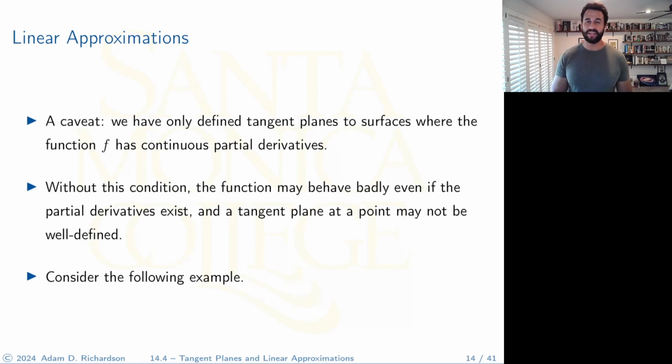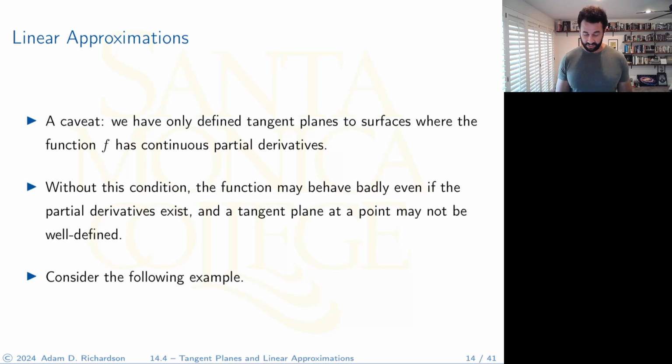Now there is a caveat here, and this is where things get a little bit technical. The caveat is this: we've only defined tangent planes to surfaces where f has continuous partial derivatives. That was even in the definitions. Without this condition, the function may behave badly, even if the partial derivatives exist, even if the partial derivatives are equal.